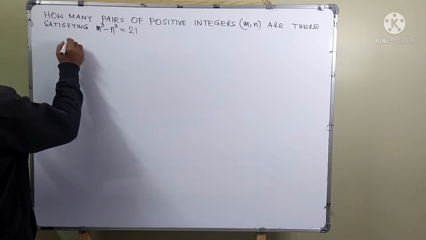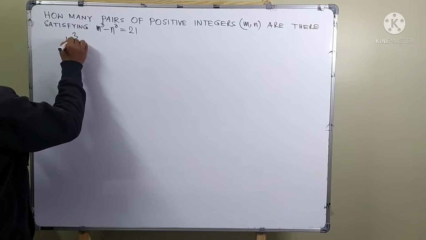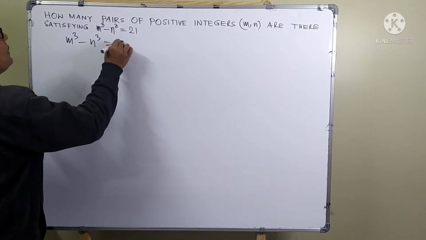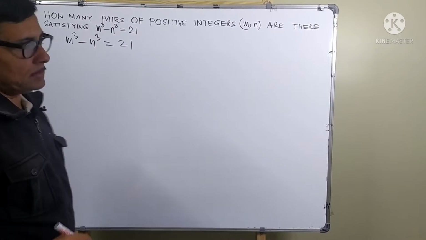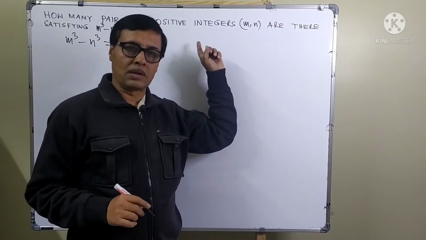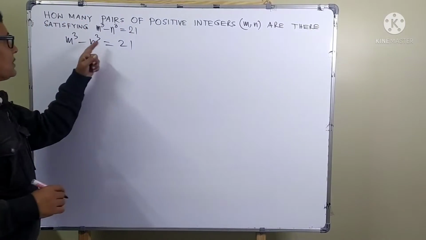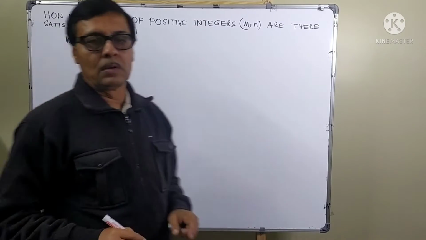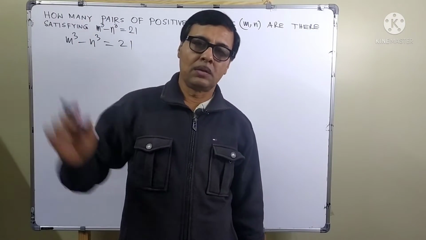Here the equation is given as this. This is a cubic equation in m, n: m cube minus n cube is equal to 21. We can factorize both sides of this equation.